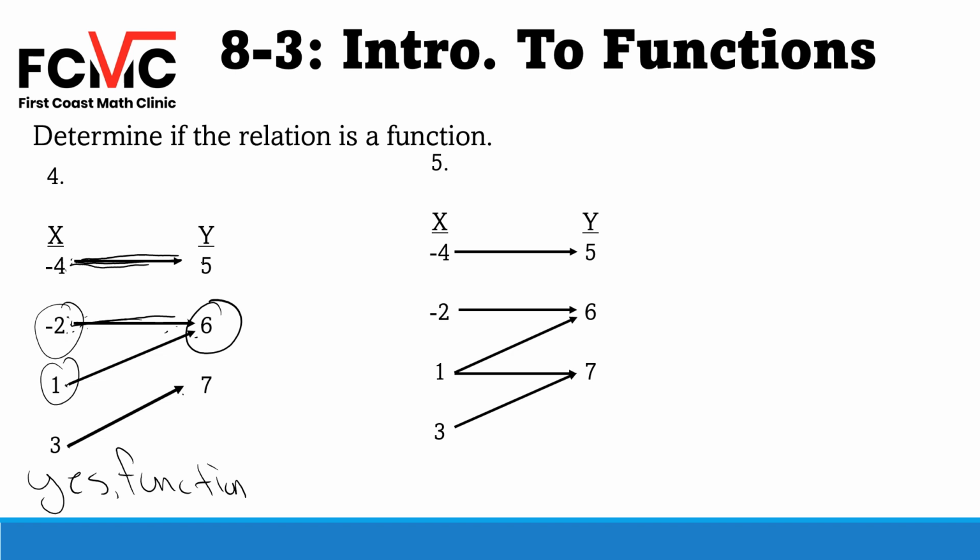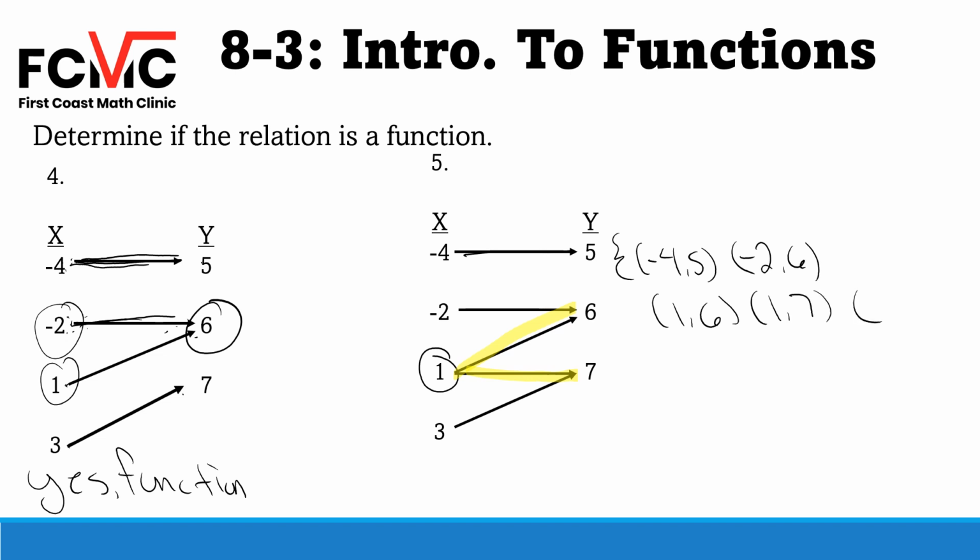But for number 5, if we look in particular at this 1, 1 is paired with 6 and 1 is paired with 7. So if we were to write this as a set of ordered pairs, we would have (-4, 5), -4 is paired with 5, (-2, 6), (1, 6), (1, 7), and (3, 7).